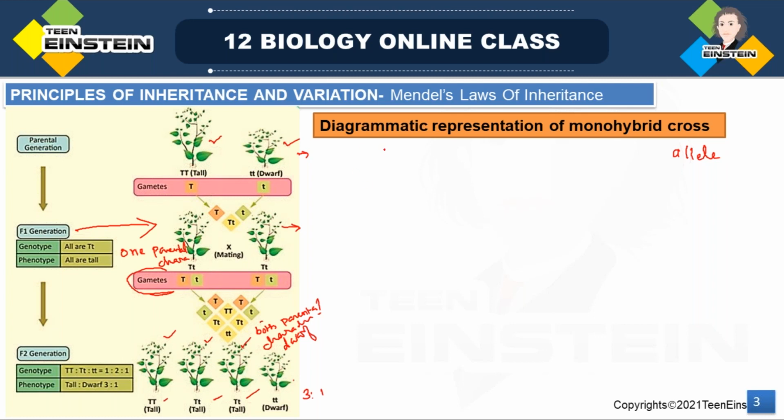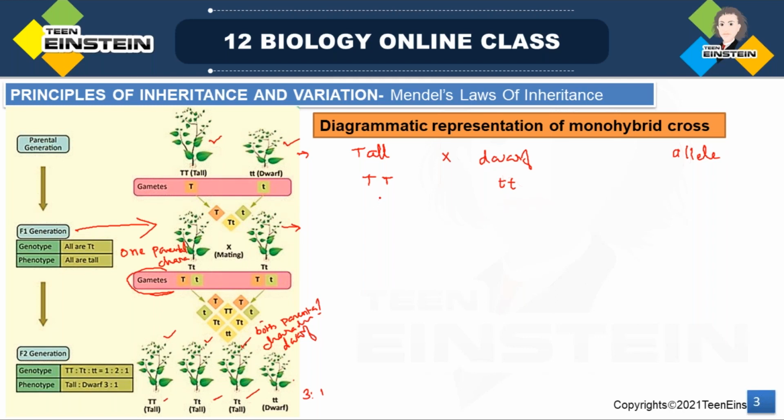Here we have selected plant height as the character. Tall is the dominant character. We are crossing a tall plant with a dwarf plant. Using alphabetical expression, the homozygous tall is capital T, capital T, and the homozygous dwarf is small t, small t.